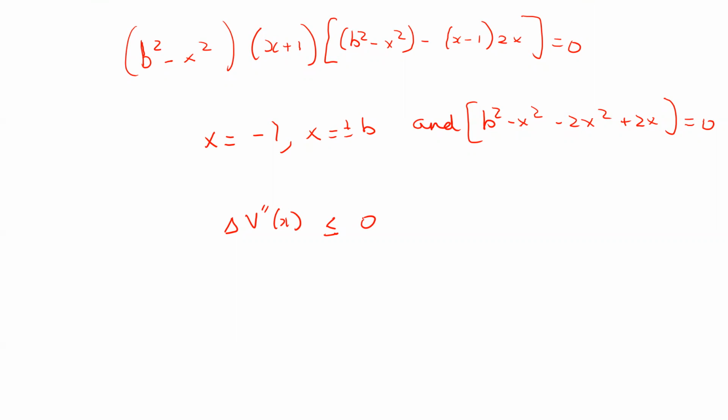So you check the second derivative of the potential at these stationary points, and we get 2b square minus 1.